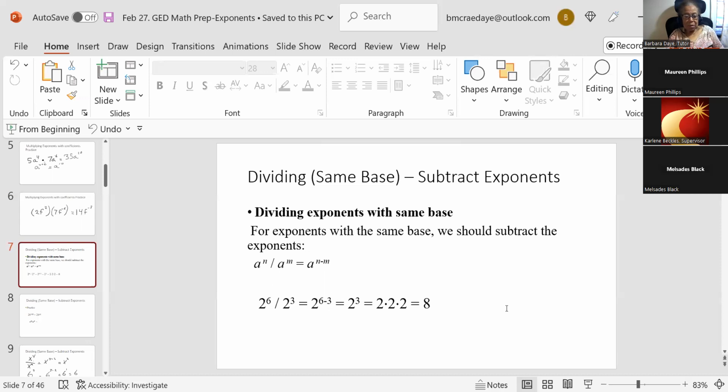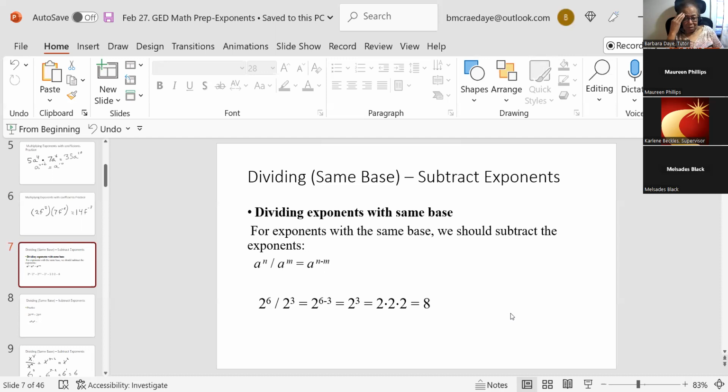Okay, we see 2 to the 6. Wait, are you saying that we multiply the base? We're talking division now, Mercedes. Yeah, I know, but I'm saying when you're doing division, you multiply the base.